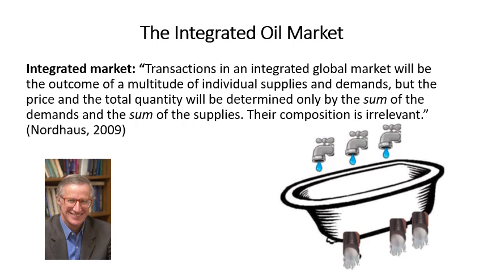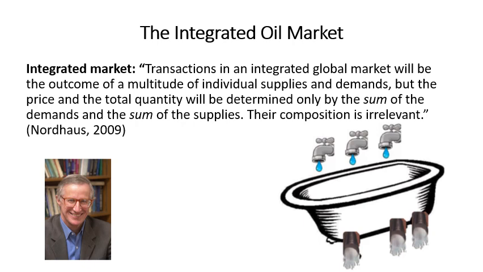William Nordhaus, the man on this slide, has something to say about this. He says that transactions in an integrated global market will be the outcome of a multitude of individual supplies and demands, but the price and the total quantity will be determined only by the sum of the demands and the sum of the supplies. Their composition is irrelevant. He relates the world oil market to more like a bathtub.